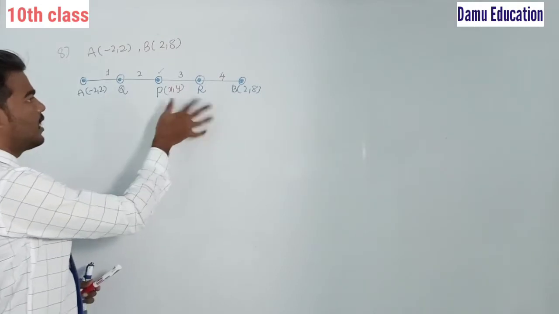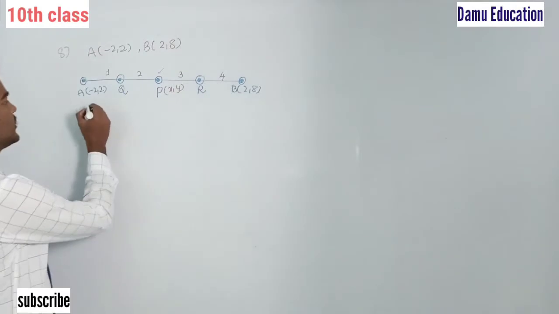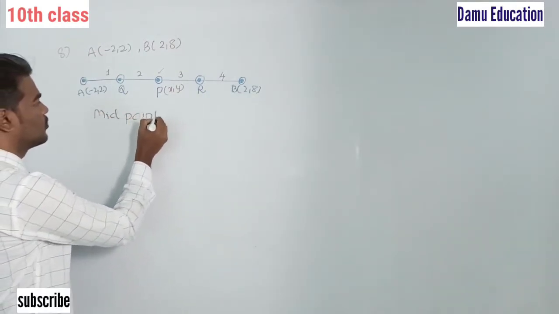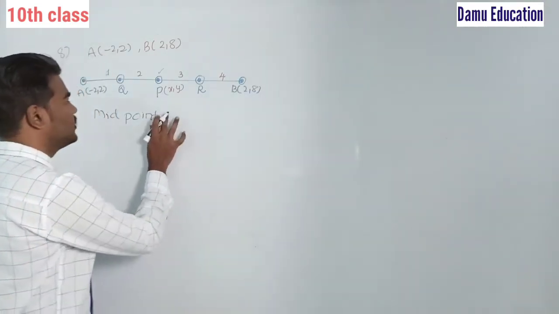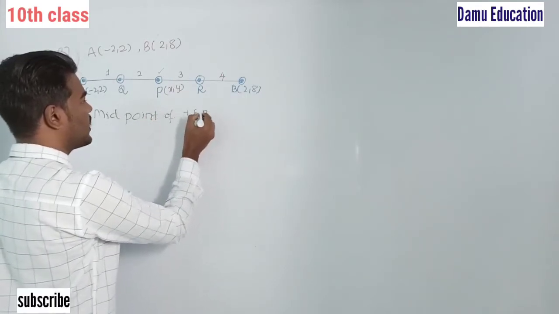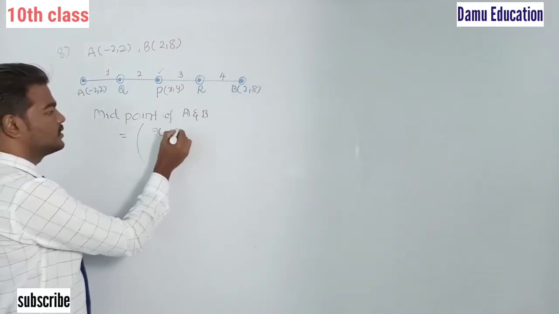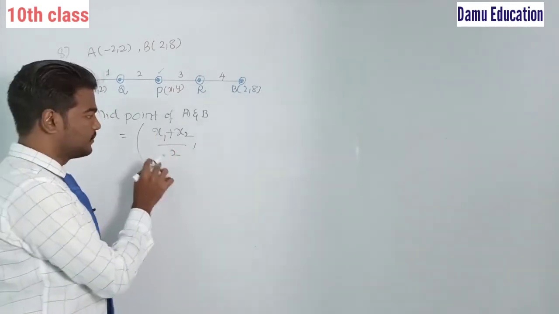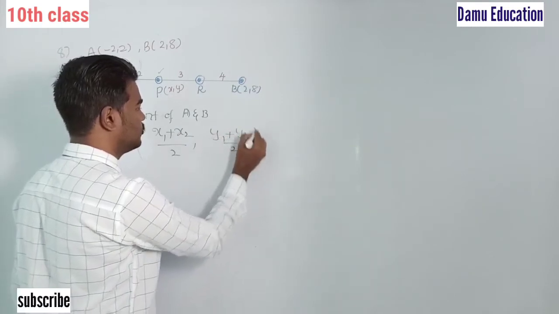Next, QR we need to calculate. So let's take any two coordinates and find the midpoint. The midpoint of A and B, whatever the midpoint between two points, that formula is x1 plus x2 by 2, and for the sum of the coordinates respectively, y1 plus y2 by 2.